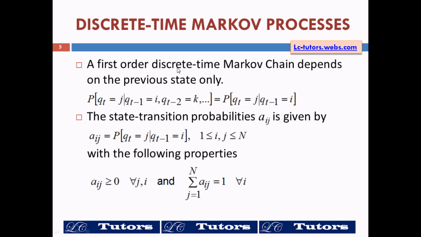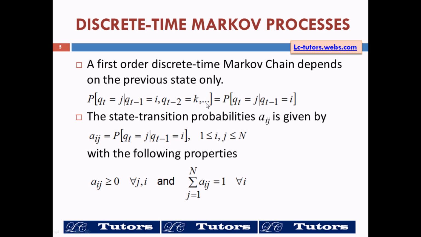A first order discrete time Markov chain depends on the previous state only. If you take the probability of qt given qt minus 1, the previous state, comma qt minus 2, two states before the current state, and like that qt minus 3, and so on. So qt is the j state, qt minus 1 is the i state, qt minus 2 is the kth state.